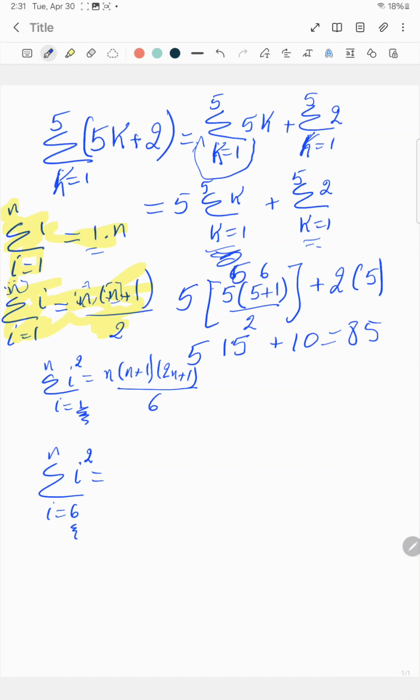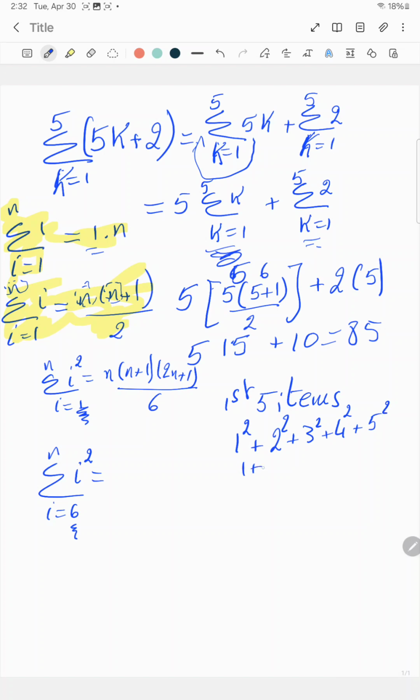So I will be missing the first 5 items. The first 5 items are, when i equals 1, I have 1 squared, plus when i equals 2, I have 2 squared, plus 3 squared, plus 4 squared, plus 5 squared.